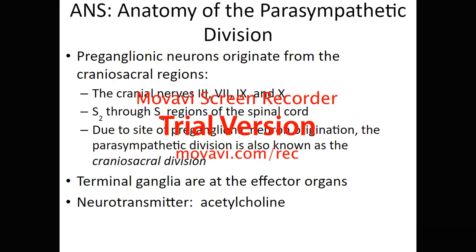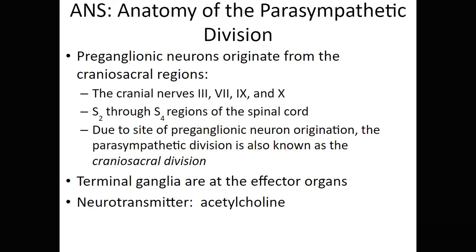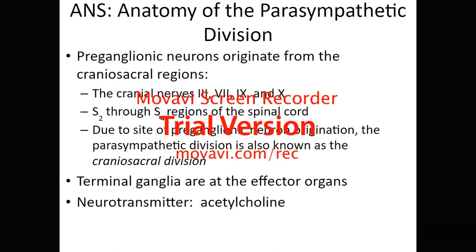Due to the site of preganglionic neuron origin, the parasympathetic division is also known as the craniosacral division. Terminal ganglia are at the effector organs, and the neurotransmitter is acetylcholine.